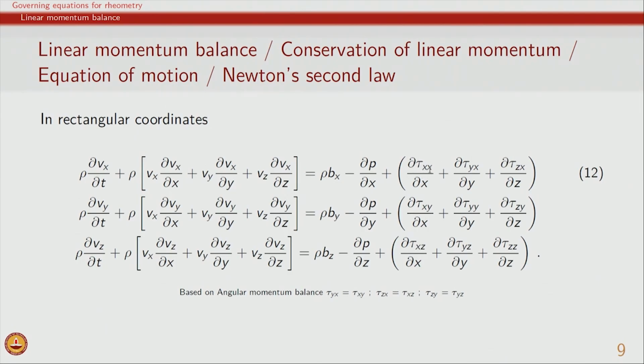This is the stress in x direction on x surface, stress in x direction on y surface, and stress in x direction on z surface, and how they change as a function of the position within the fluid will make sure that if this is non-zero, then it has to be balanced either by a pressure gradient arising in the fluid or a body force the fluid is subjected to, or the fluid will have to accelerate and be unsteady.